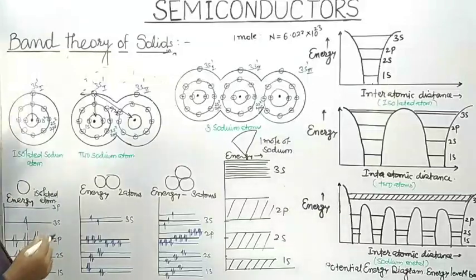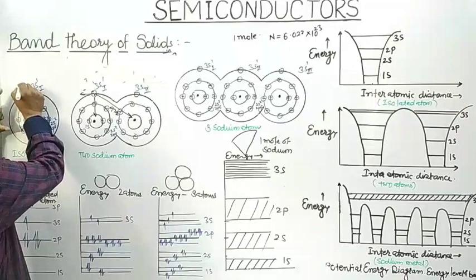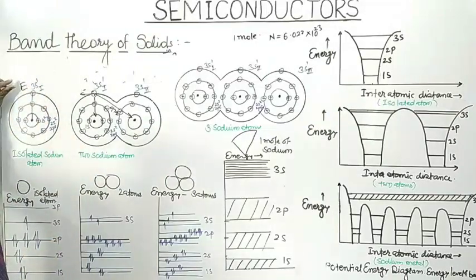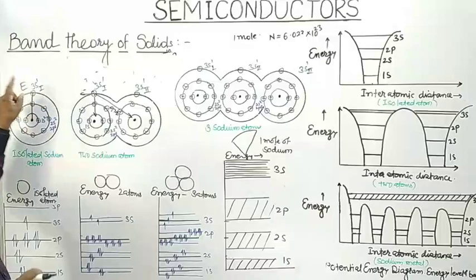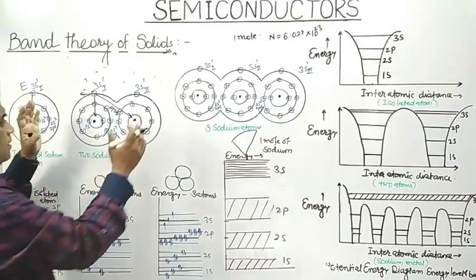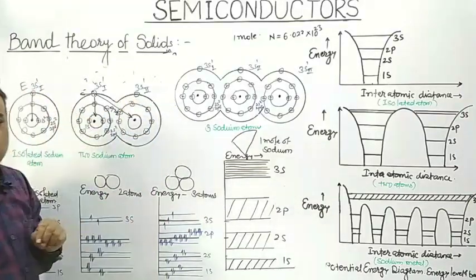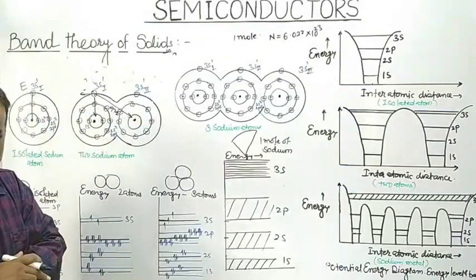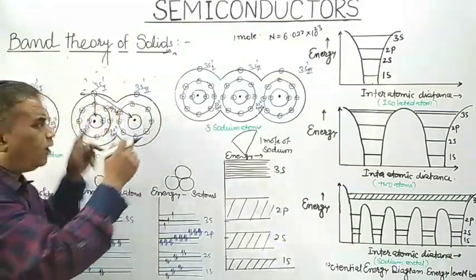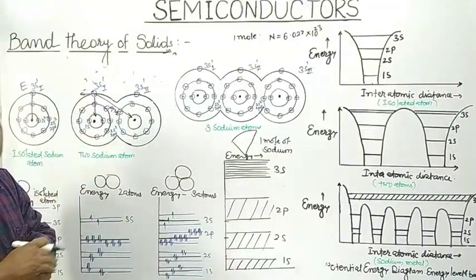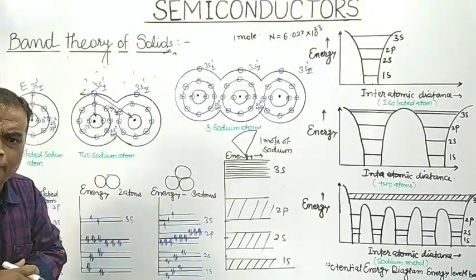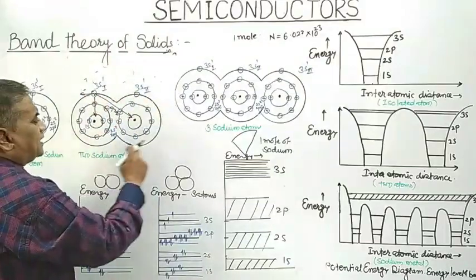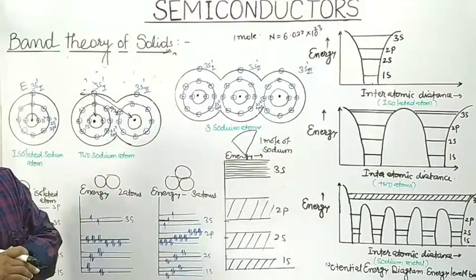If the energy of an electron in the 3s orbit of an isolated sodium atom is E, then when two sodium atoms are brought close to each other, there is an overlapping of atomic orbits, and the atomic orbital is converted into a molecular orbital.